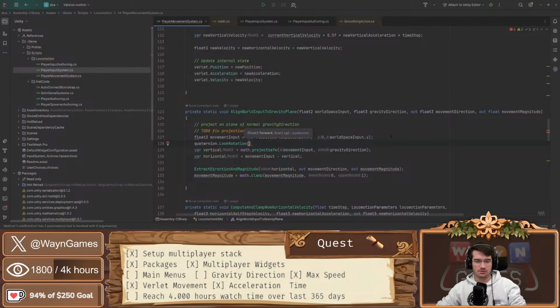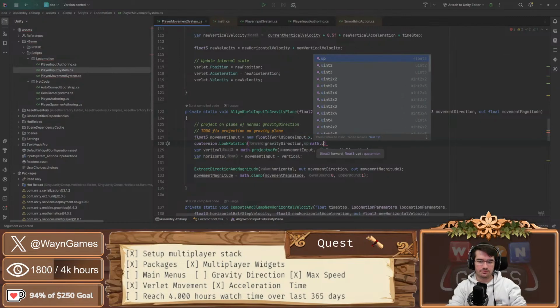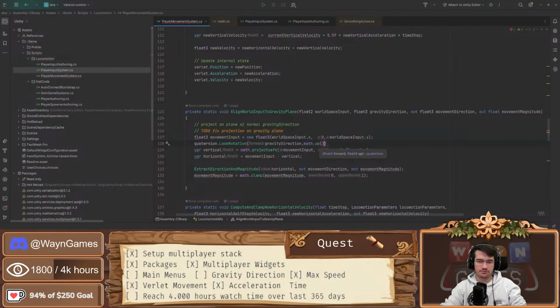So if I get this rotation, I'm saying the forward is the gravity direction and the up, that's the up. Okay, I get a quaternion.